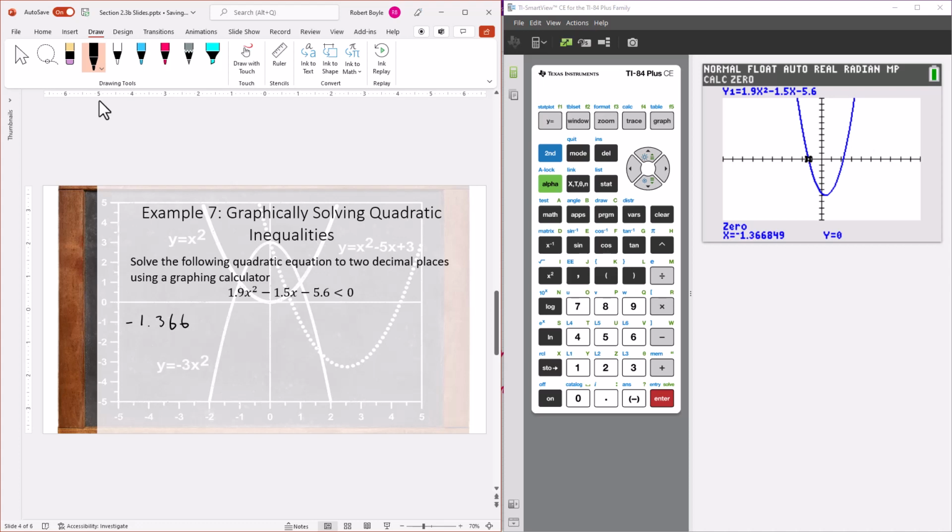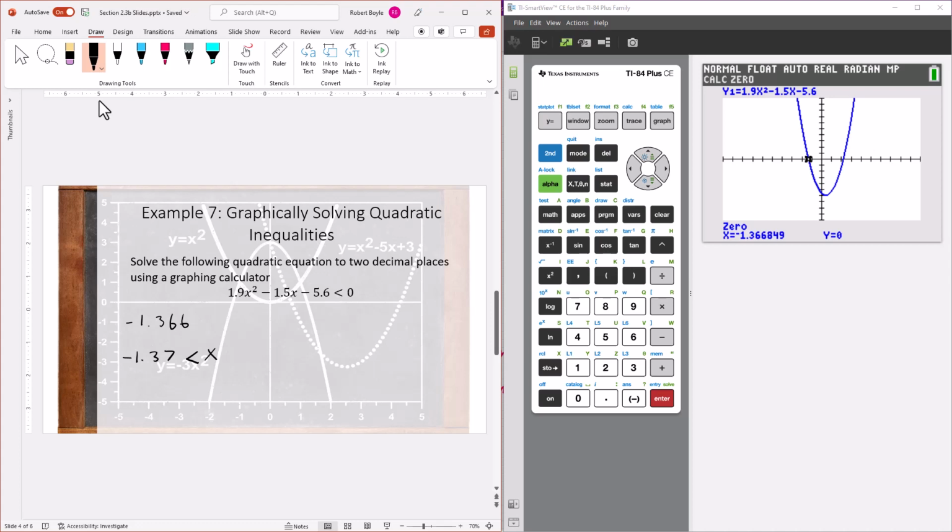But since we are going to round to two decimal places, it's going to be -1.37. So it's going to be all values of x strictly greater than that number. Because remember, this is a strict inequality. We don't want to know when it's equal to 0. We want to know when it's strictly less than 0.